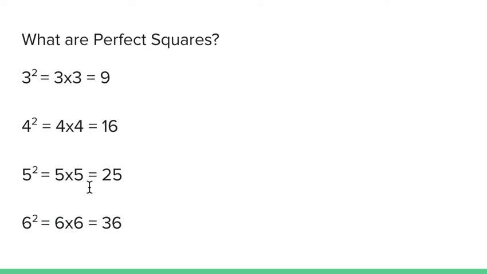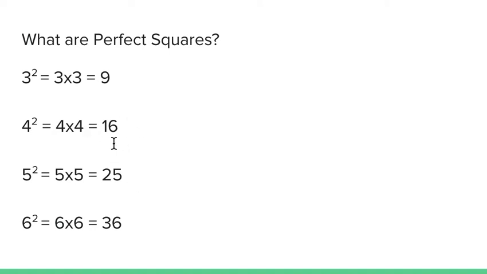Did I say 35? If I did, my mistake. I meant 25. We get 25 by multiplying 5 times itself. And then we get 36 by multiplying 6 times itself. So that's why these numbers are in fact called perfect squares.